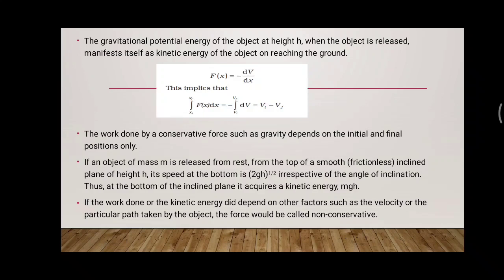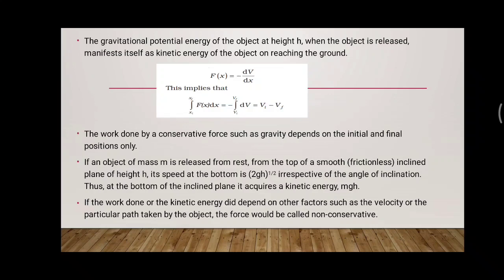So the difference between the initial and final potential energy values will be equal to the work done, where F of x dx is actually the work done by the gravitational force. Integral F of x dx is actually the work done value, isn't it?